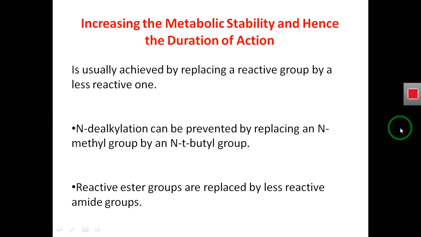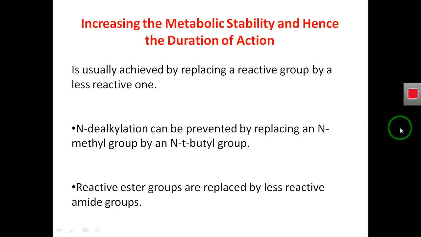Now we will see what approaches we can use for designing a drug based on this knowledge of drug metabolism. The first approach is that we can increase the metabolic stability of a drug and enhance its duration of action. In the first approach, we design a drug in such a way that it is in a stable form, so it cannot be acted upon by liver metabolic enzymes or liver metabolic reactions.